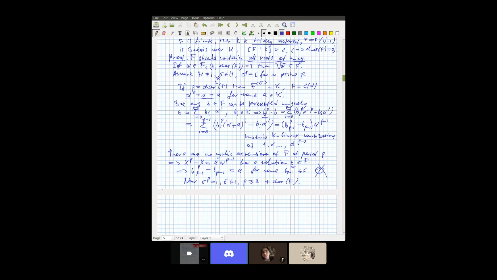Well, it is not the characteristic, so all p-th roots of unity belong to the fixed subfield.